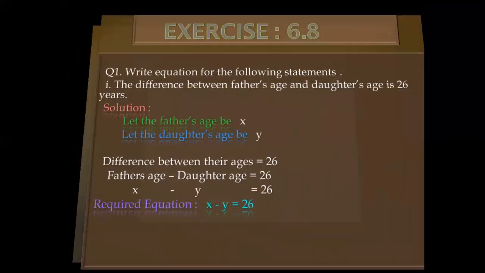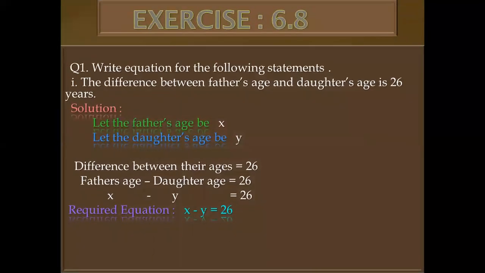Question number 1 is, write equations for the following statements. 5 parts are given, and be careful when you are reading the statement and converting it into variables, because it will be helpful for us in the next exercise 6.10 when we solve the word problem questions. In the same way you will read the statement and make the equation, and then we find the values of the unknown variables.